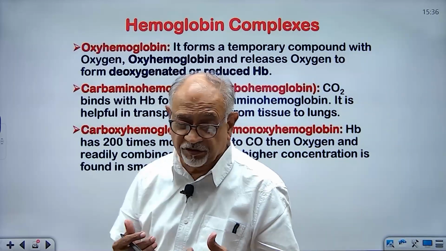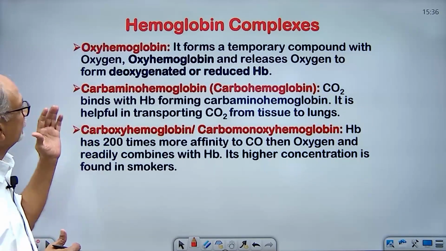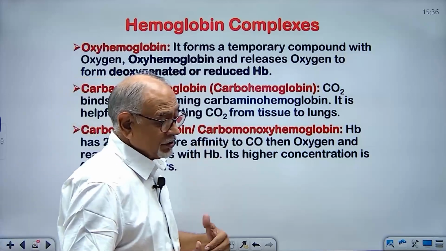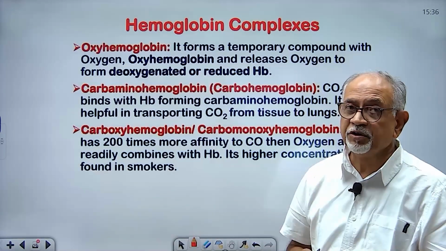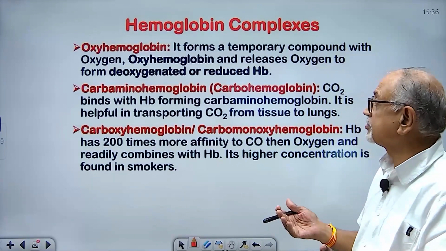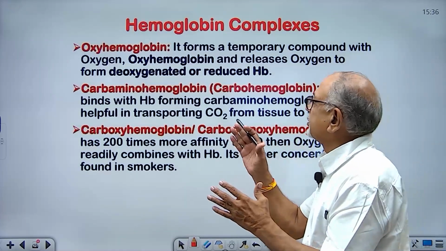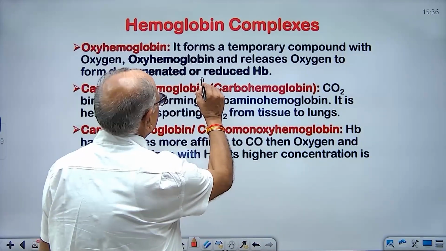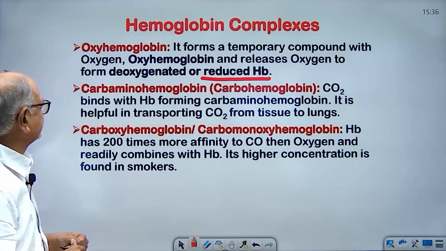Then this oxyhemoglobin is supplied through the blood to different organs, and there it is disintegrated into hemoglobin and oxygen. Oxygen is utilized by the tissue, and deoxygenated hemoglobin, sometimes called reduced hemoglobin, is returned back.